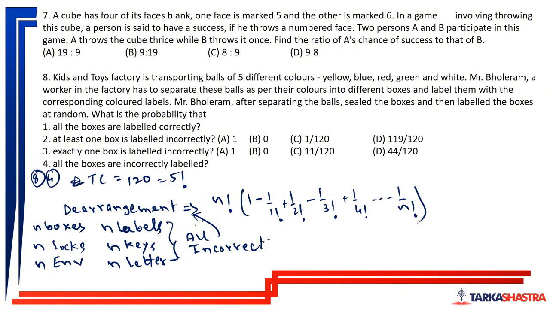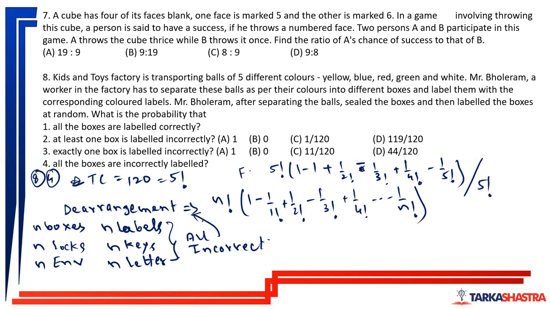Now what will be the dearrangement in this case? It will be 5 factorial into 1 minus 1 upon 1 factorial plus 1 by 2 factorial minus 1 by 3 factorial plus 1 by 4 factorial minus 1 by 5 factorial. Probability will be this divided by 5 factorial.